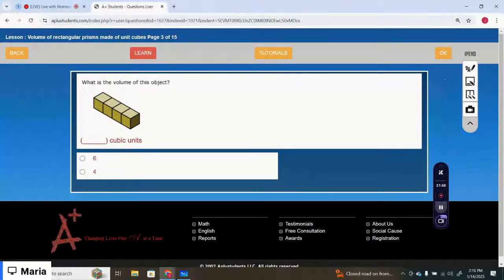Very good. Option number 2 is the correct option. That is 4 cubic units. Option number 2 is the correct option.